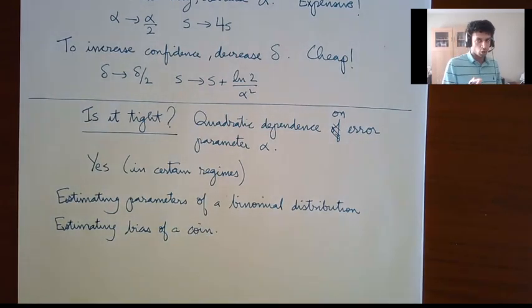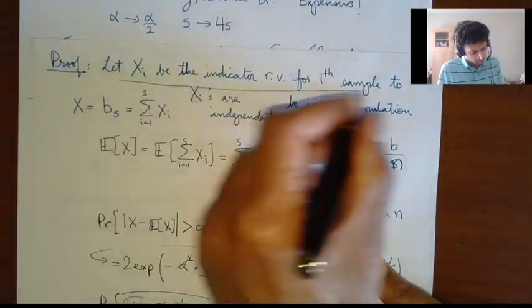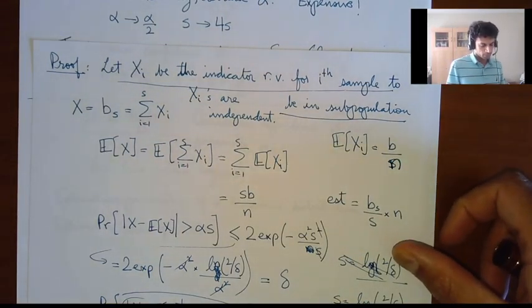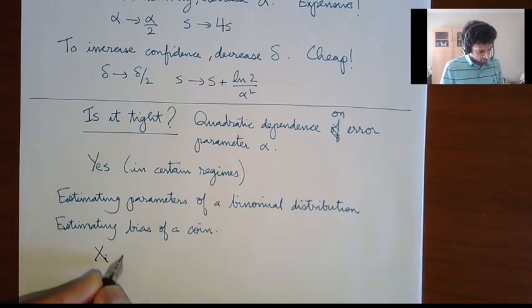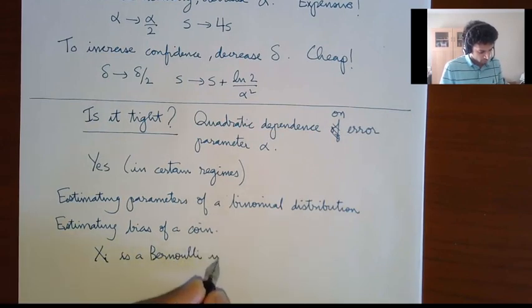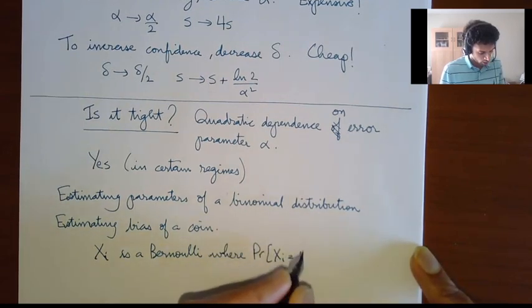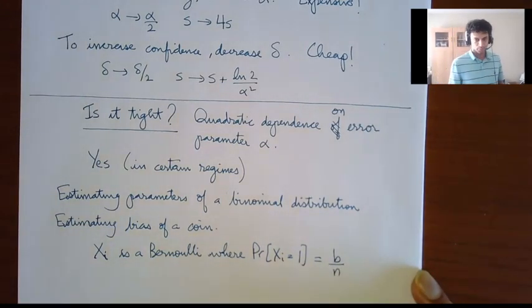If you look at any individual trial, let's go back to this xi, which is the indicator for the ith member. xi is a Bernoulli where the probability that xi is 1 is exactly b divided by n.